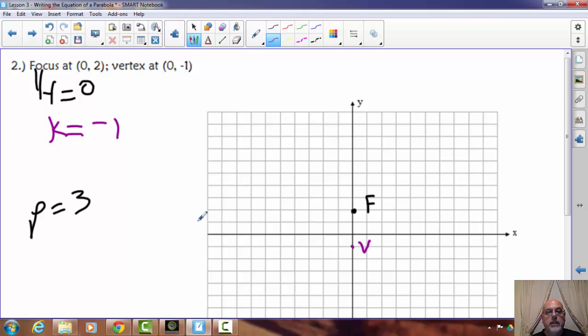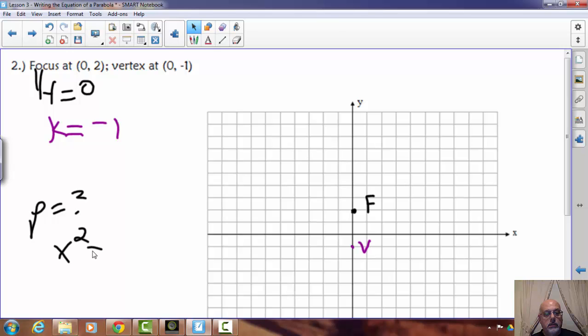Okay. Since it's opening up, the X term is squared. So we know we're going to have an equation that's just going to be X squared because the X coordinate of the vertex is 0. So our equation will look like X squared, and that will be equal to, we know that P is 3.